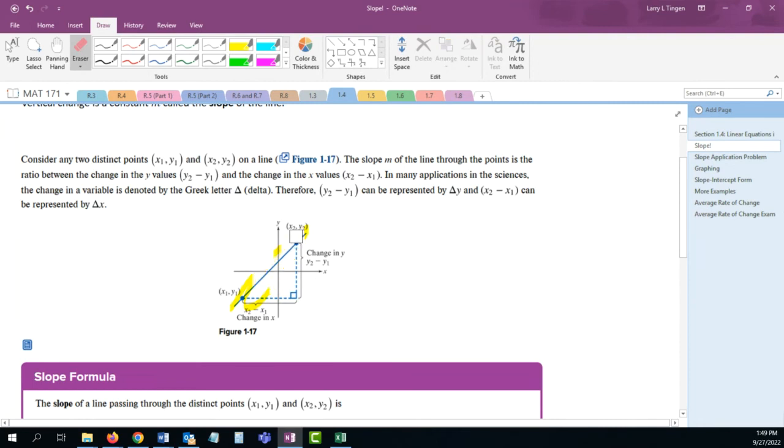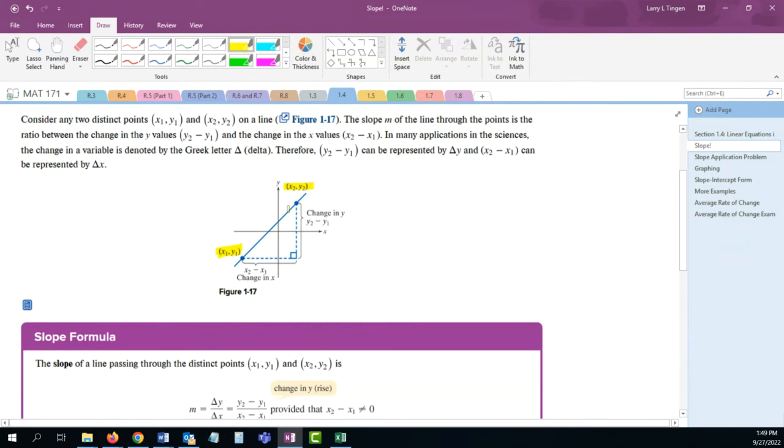And I've picked 2 points on that graph. I've picked x1, y1, and I've picked x2, y2. And the question is, what is the slope, or what is the change in y as x changes?